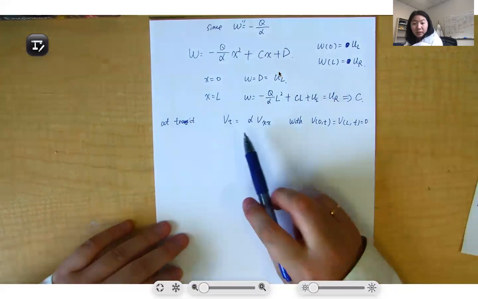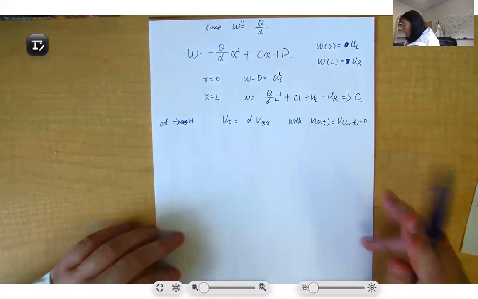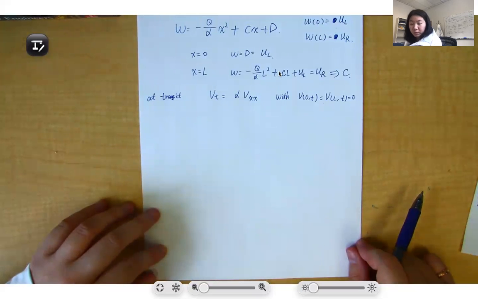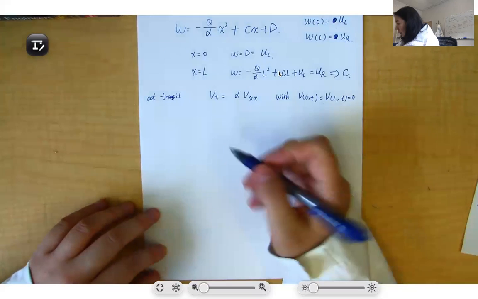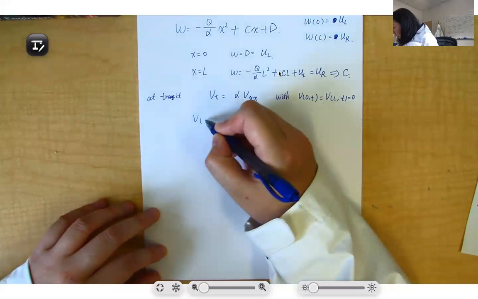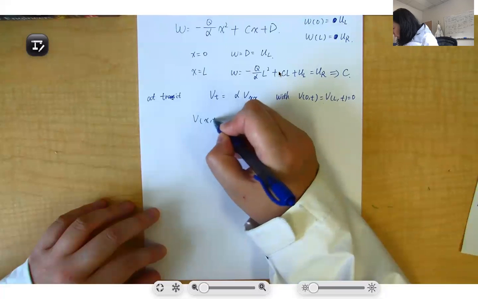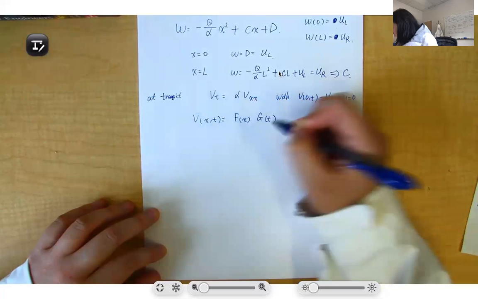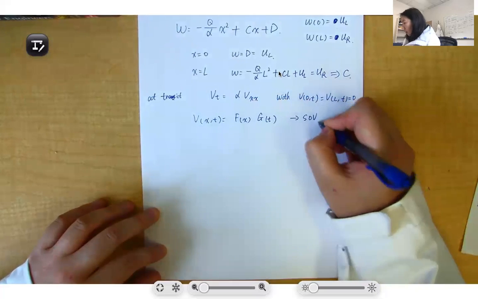This is a homogeneous PDE with homogeneous boundary conditions. And you can directly use the separation of variables to solve this part. So v(x,t) can be separated into f(x) and g(t), and you will use SOV to solve it.